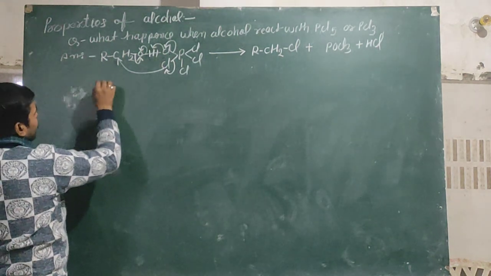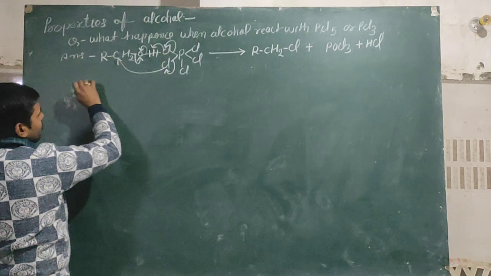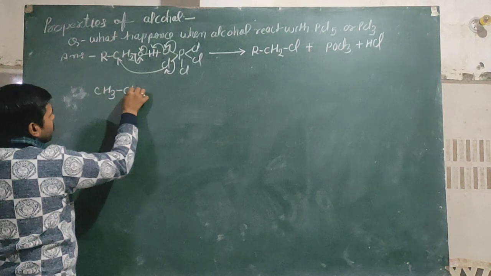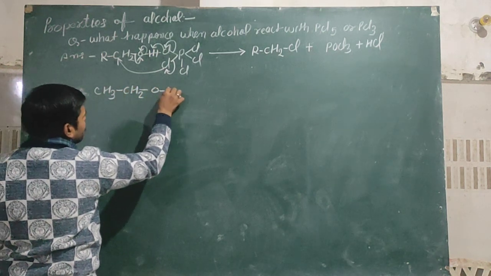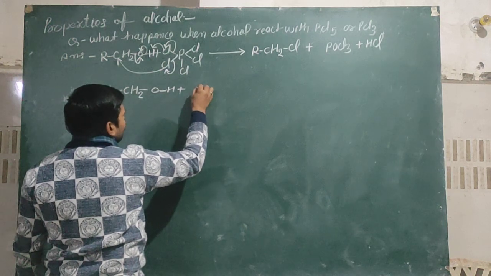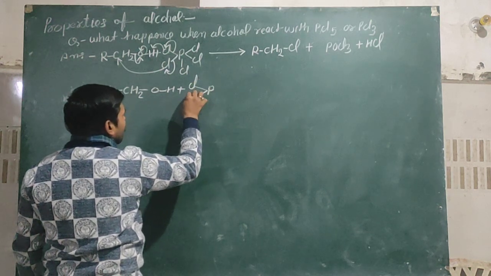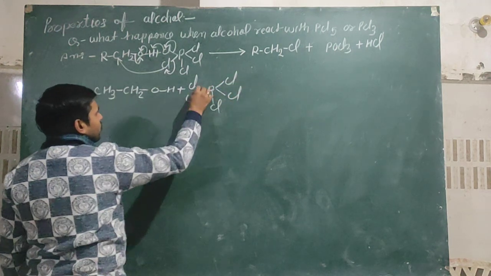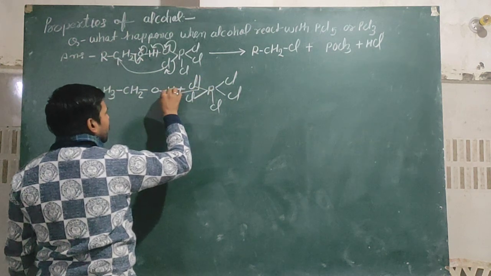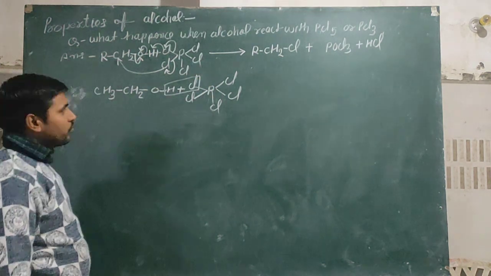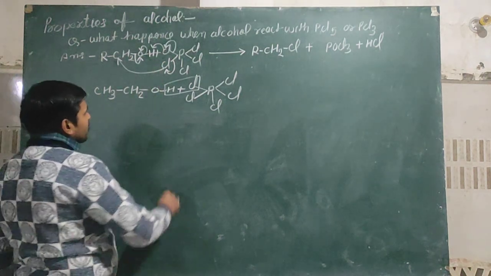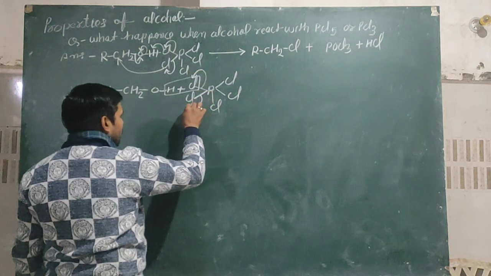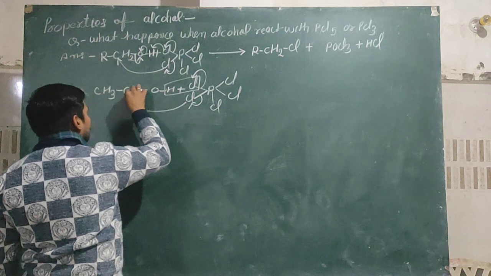Next, if we take a different type of alkyl group in place of R, like CH3CH2OH plus PCl5, then this chlorine and hydrogen combine to form HCl, because it becomes negatively charged after breaking the bond from phosphorus, and it also goes toward the carbon atom.